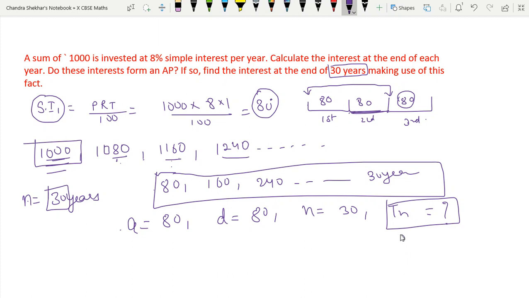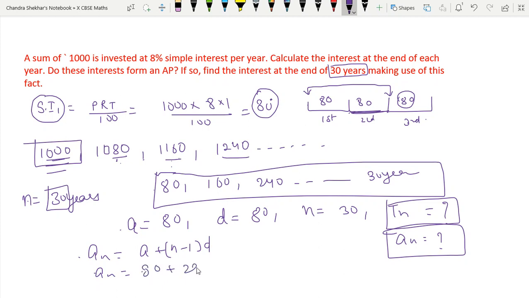Got it? So what is the formula for a_n? a plus n minus 1 into d. So a_n is the question mark. So a_n is equal to, a is how much? 80 plus 29 into 80.